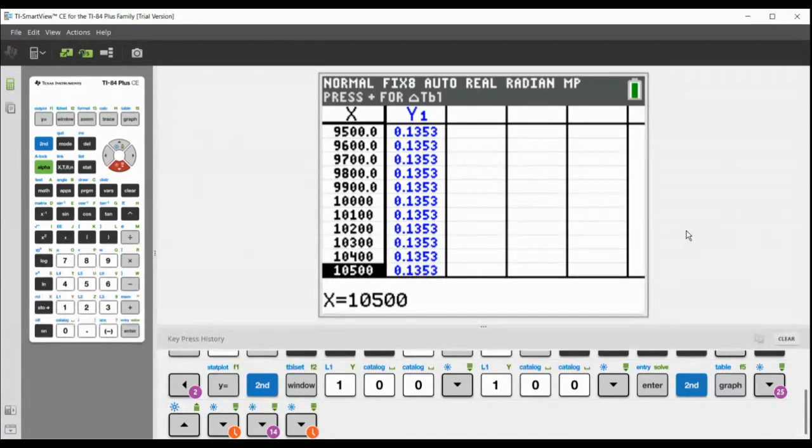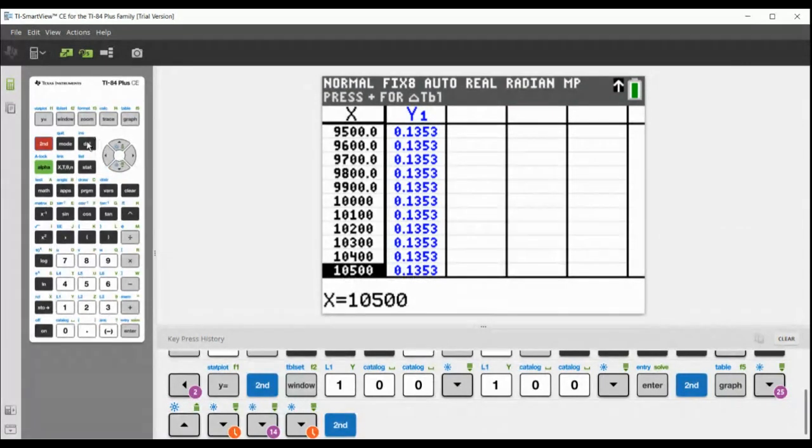And so that's going to be our answer. The answer is going to be 0.1353. That is the limit of 1 minus 2 over x to the x power as x goes to infinity. That's the limit correct to 4 decimal places.